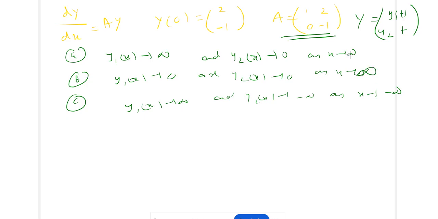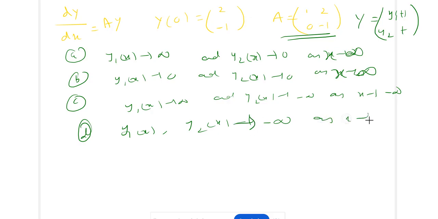This is plus infinity. This is all x, not y. So these are plus infinity, the x tends to minus infinity. The final option: y1 of x and y2 of x both approach minus infinity as x tends to minus infinity.